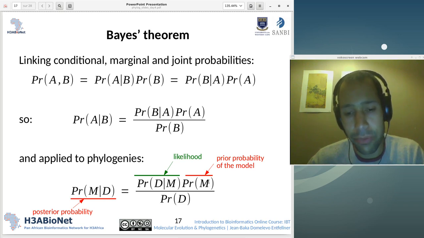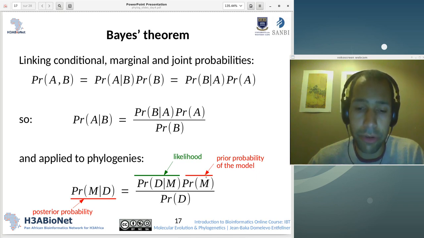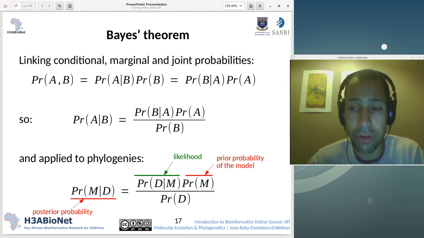And the Bayesian viewpoint is that you had a probability of the model a priori before you saw the data. So the idea of the Bayesian framework is that the observation of the data modifies your belief concerning the model.